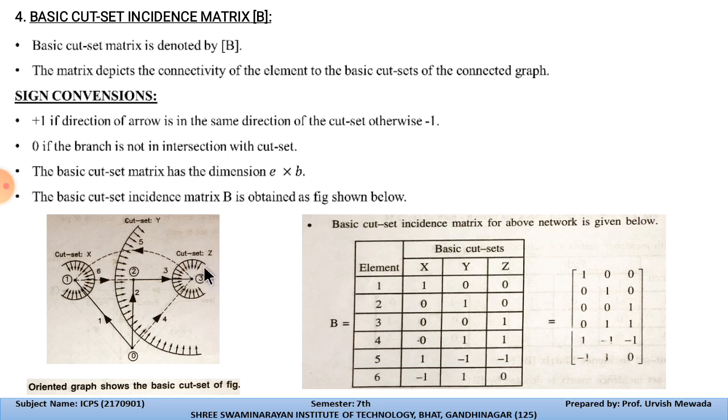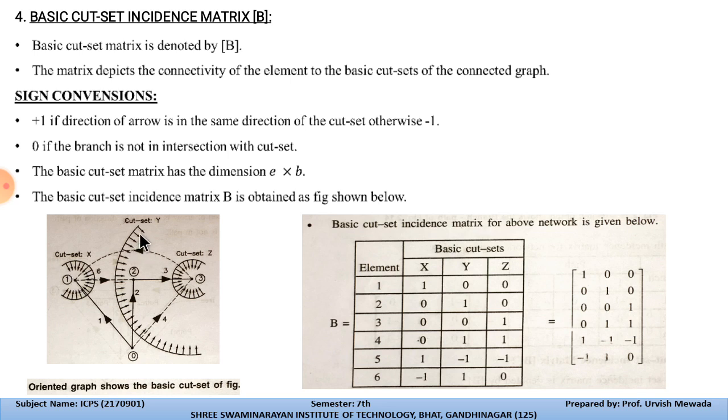So we can cut from over here, we can cut from over here, and we can cut from over here. The direction of the cut set is also indicated. Over here you can see that this direction is towards node number 1.